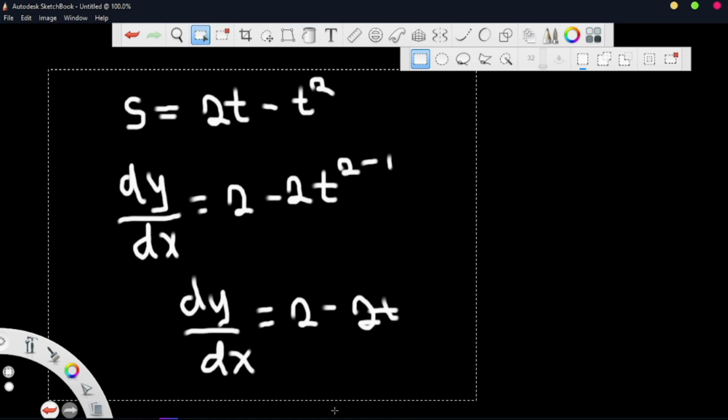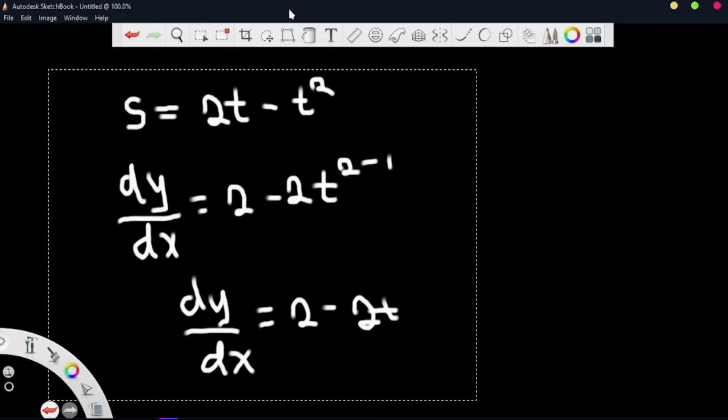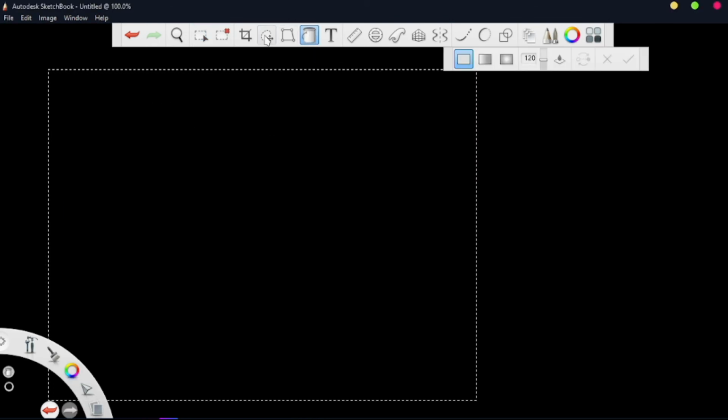Let's go ahead and try out another example. Let's say we have been given y is equal to 3x squared plus 2x minus 6.